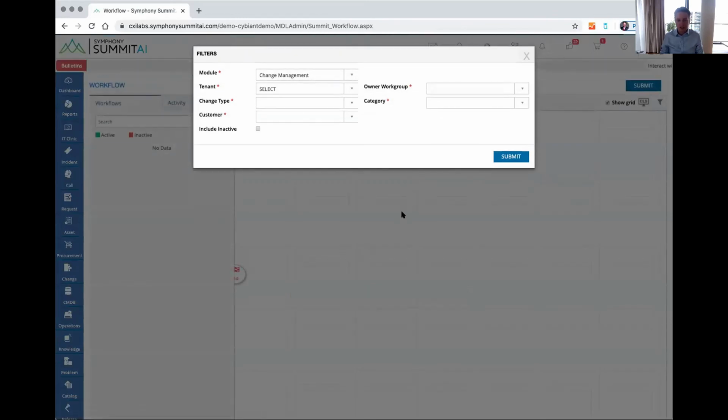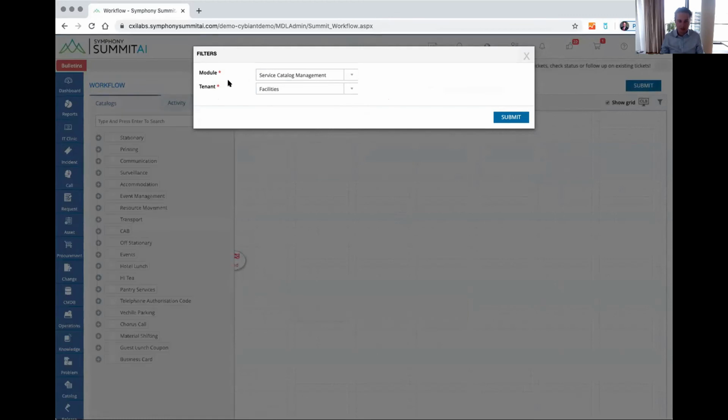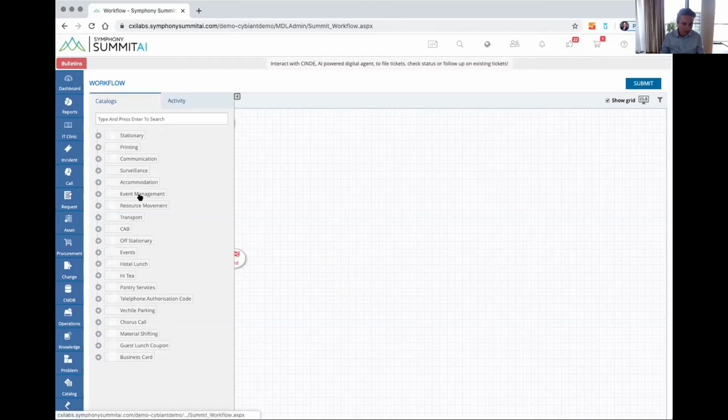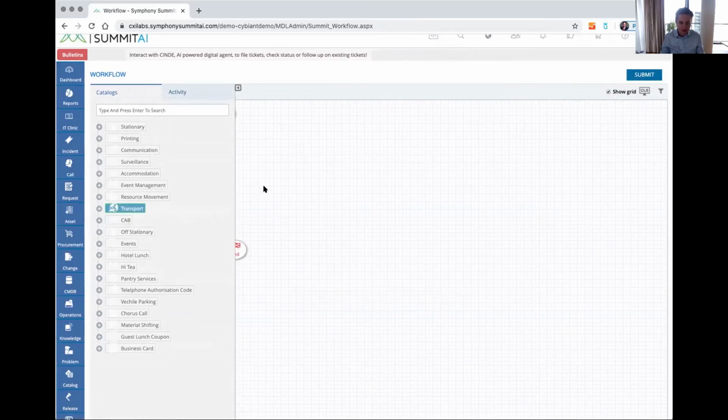In this next section, we will start to design the workflows through which we can request automated parking services. So we go to our service catalog, we select the service that we've just made, and we will go towards the parking services that we've just seen, which is under transportation.